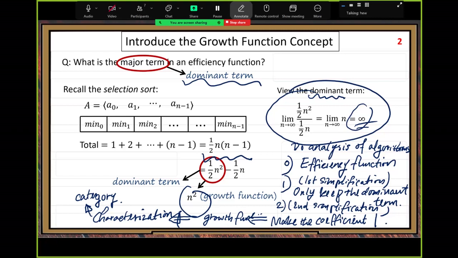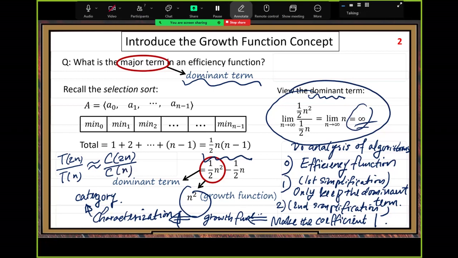What category? Remember the last time we looked at the ratio, capital T of 2n over capital T of n, approximately equal to capital C of 2n over capital C of n.